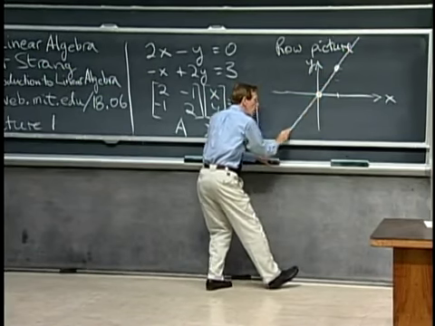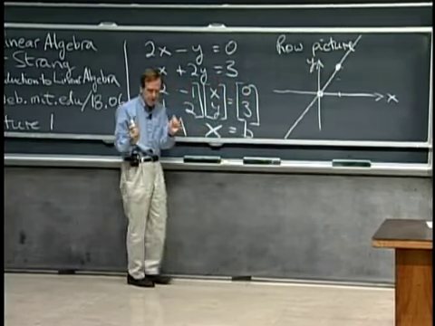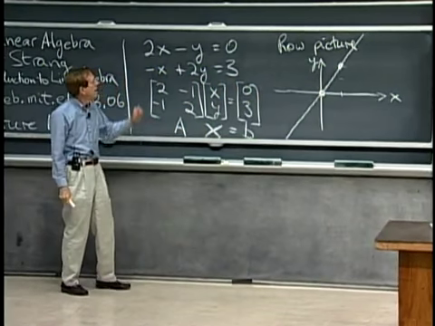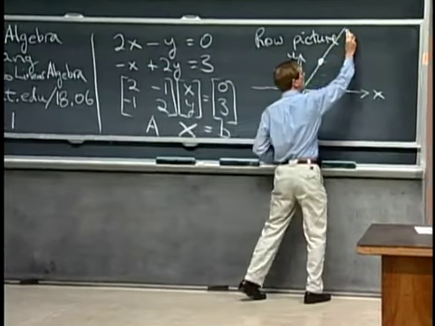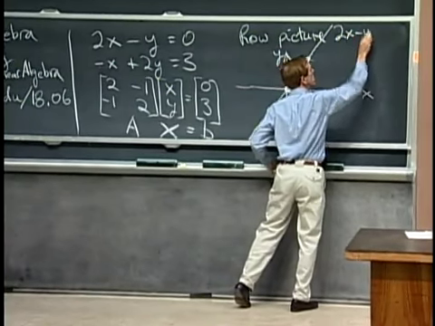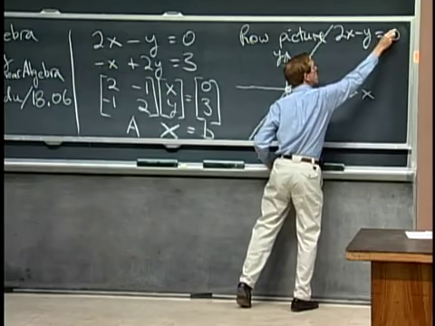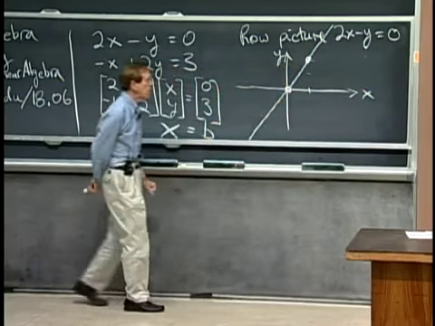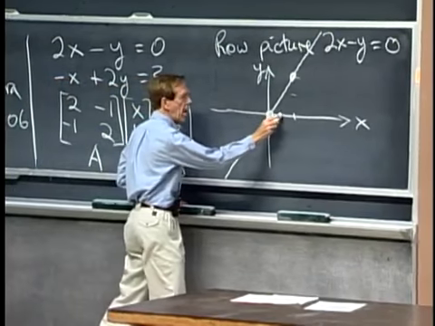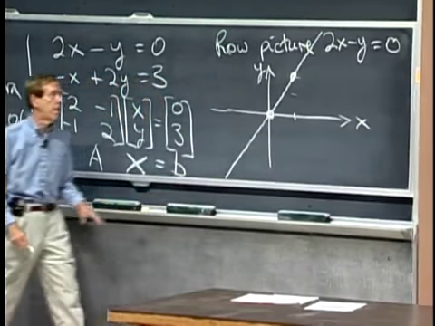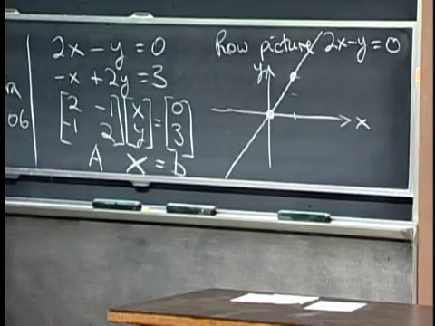This is a linear equation, and that word linear has the letters for line in it. This is the line of solutions to 2x minus y equals 0, my first row, first equation. So typically maybe x equal 1/2, y equal 1 will work. And sure enough, it does. Okay, that's the first one.